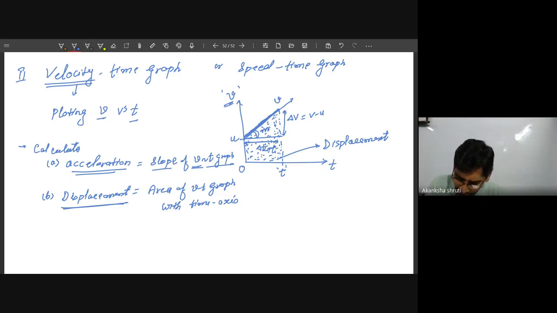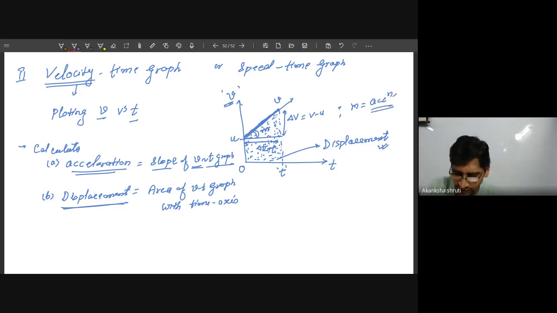Now, here two things can be calculated. One is the slope of this line, the plot, another is the area of the plot with this time axis. The area gives the displacement and the slope m gives the acceleration.